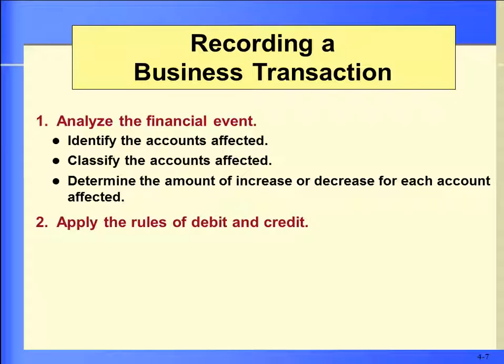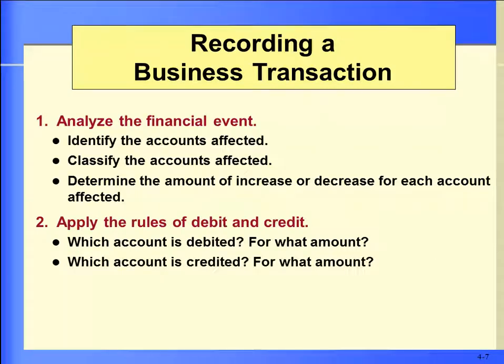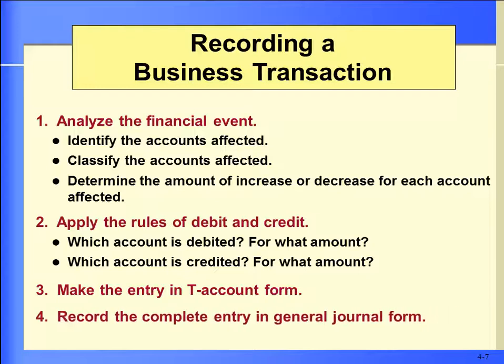So we've seen in prior chapters that assets and expenses and drawing increase with debits and decrease with credits. Same thing. So we make the T account. That T account was a representation of posting in the ledger, and we'll have a better visual of that on the second part of these slides.